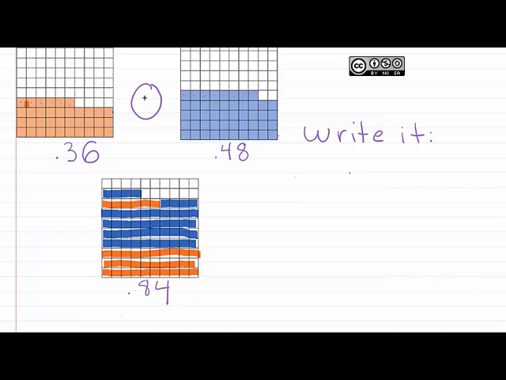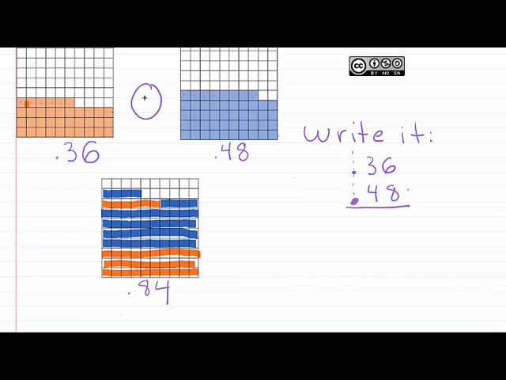But we want to make sure that we also have our decimal points lined up. That will make sure that we're adding the correct place values to each other. So I'm going to have 0.36, and then I'm going to make sure that right underneath this decimal point, I'm putting the decimal point for my other number. So we'll have 0.48.